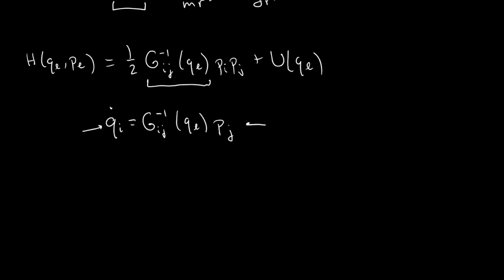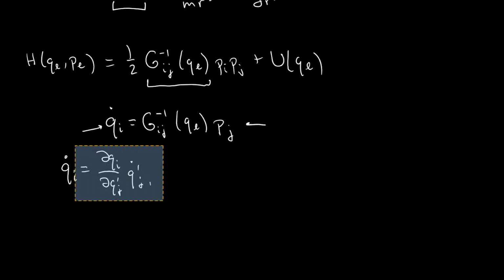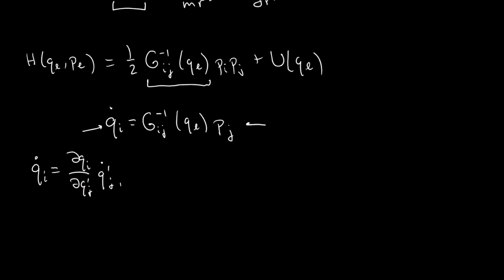So in particular, q dot i is dq_i over dq prime j, q dot prime j. I'm going to move this over a little bit. p_i is dq prime j over dq_i, p prime j.